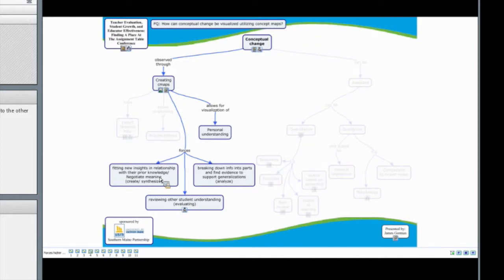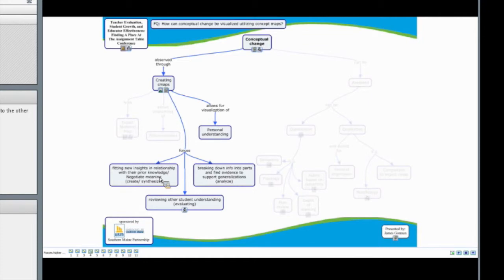They might have some understanding of gravity, but maybe not a full Newtonian understanding of what gravity is. 9.8 meters per second squared, 32 feet per second squared. Those numbers probably don't even occur to them, but as they go through, they can incorporate that information into what they already know and further elaborate.